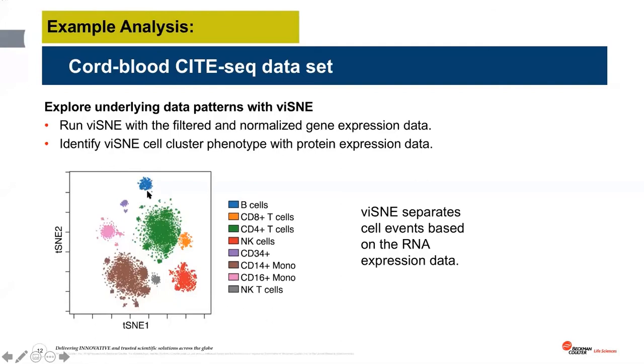And then when we overlay the protein expression data on this Whitney map, we find that we have B cell islands here, we have a large CD4 positive T cell island, and then we also have a small CD8 positive T cell island in this data. So you can generate this very nice graphic in Cytobank and show the results to your collaborators or colleagues.